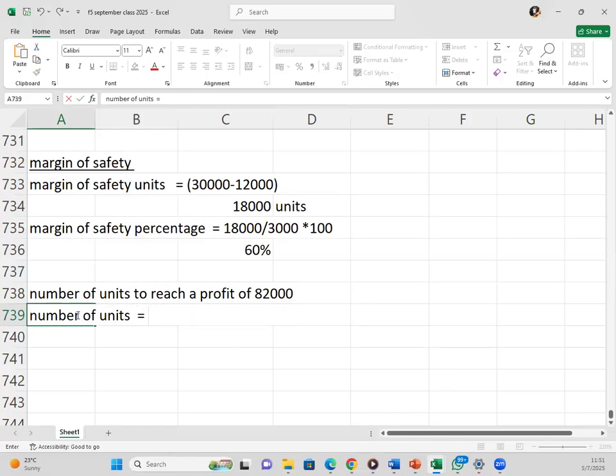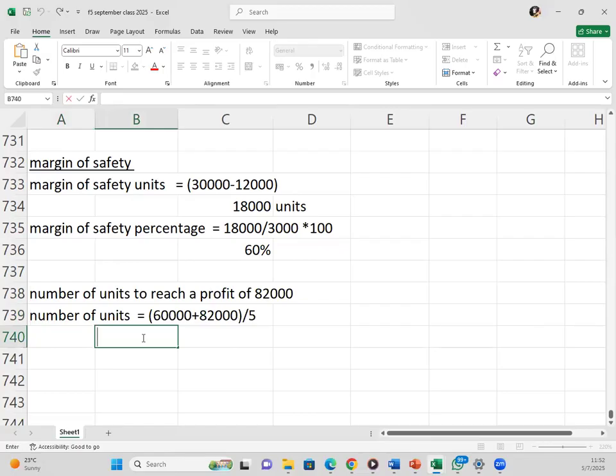In this case, it equals our fixed costs, which is 60,000, plus the targeted profit, 82,000, over the contribution, which was 12 minus 7, which was 5.